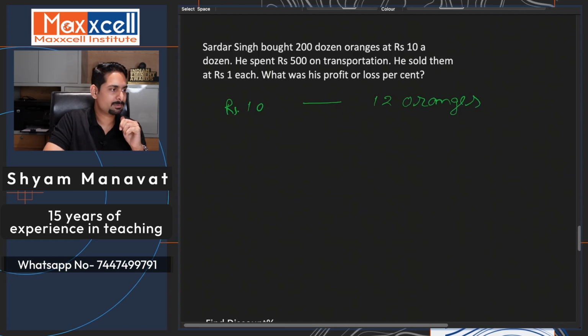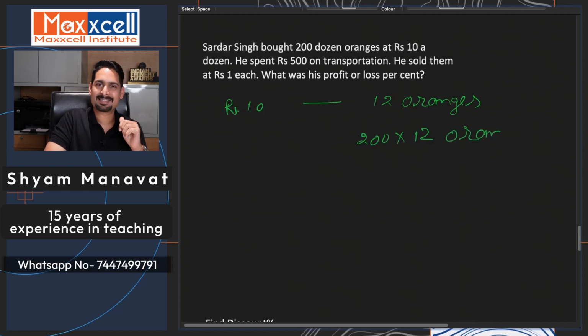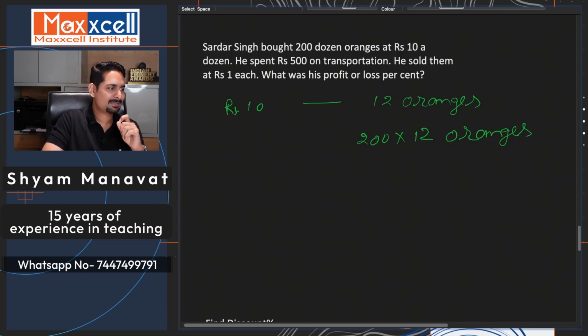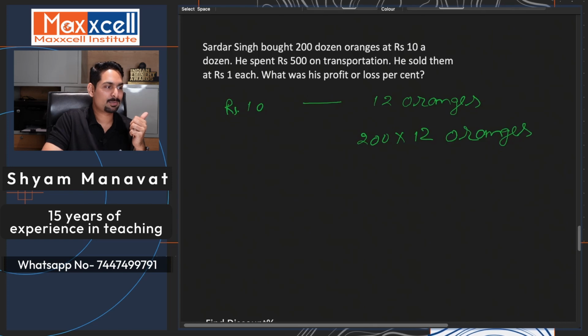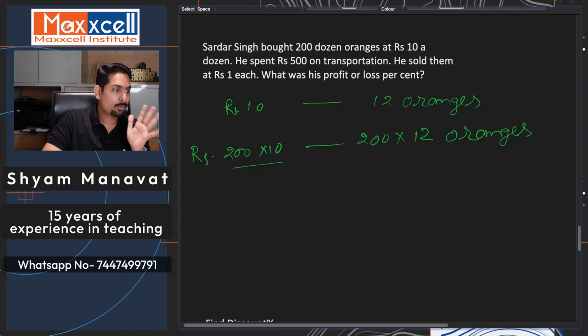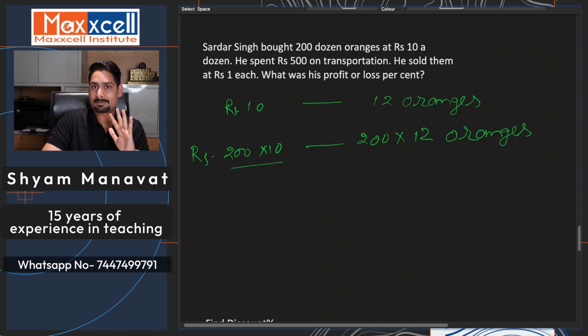So 200 dozens means what? 200 into 12 oranges, right? Correct. Now let's see how much he has spent in total on buying these 200. No difficulties, no rocket science, it's very simple.